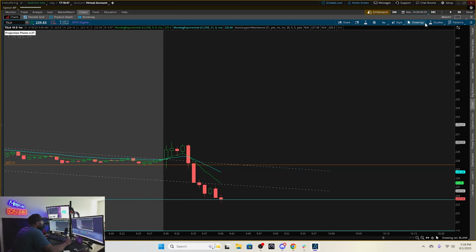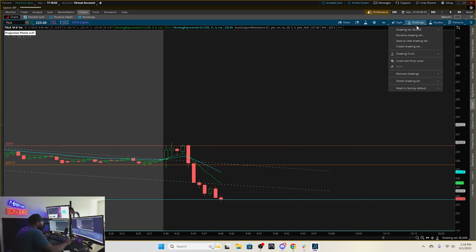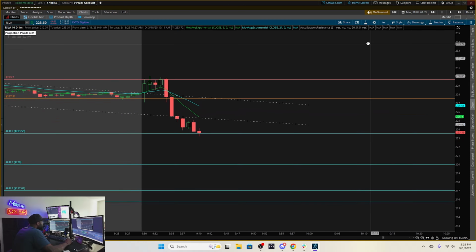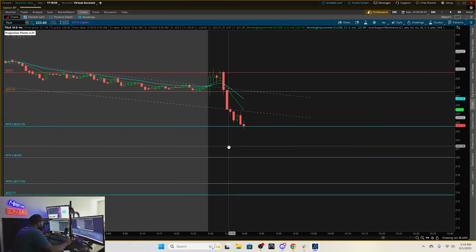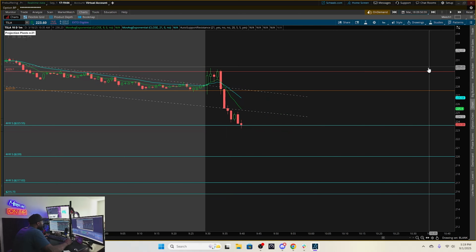Boom. We can barely break this high. Barely break this high. We come down to my first support. Let's see what happens. See what happens by 950.